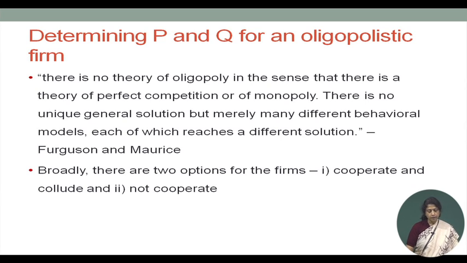So, very broadly speaking, there are two options for the firms. There are only 4 or 5 firms in the market, or imagine the case of two firms, say for example Pepsi and Coke. Both of them are catering to the major soft drink demand of the country. Most of the people are either buying different products of Coke or different products of Pepsi.